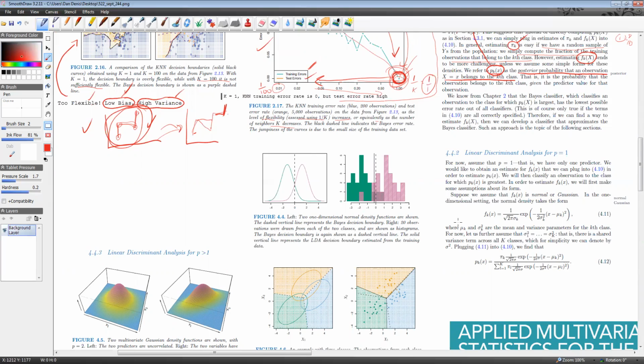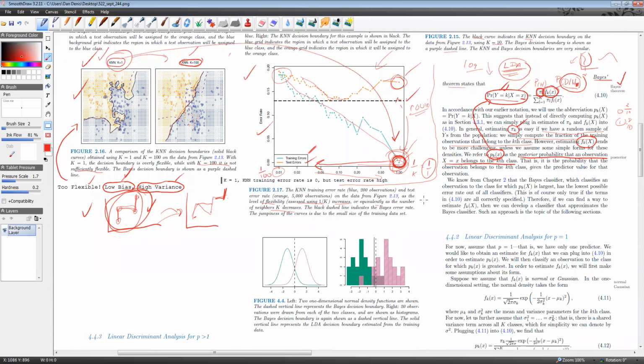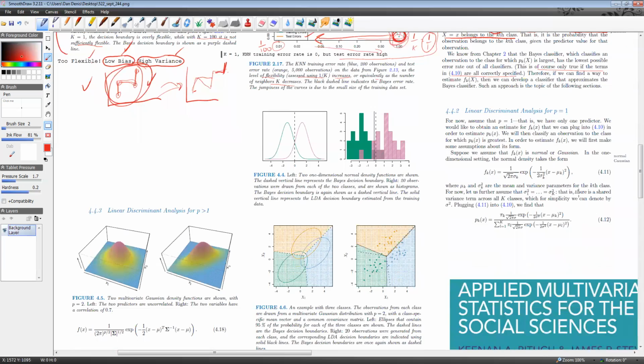And notice, one more note on this: all of this makes good sense only if the terms in 4.10 are all correctly specified, right? So in this equation, only if we can get those terms does this work out. So we're going to use linear discriminant analysis to help us make that class prediction.